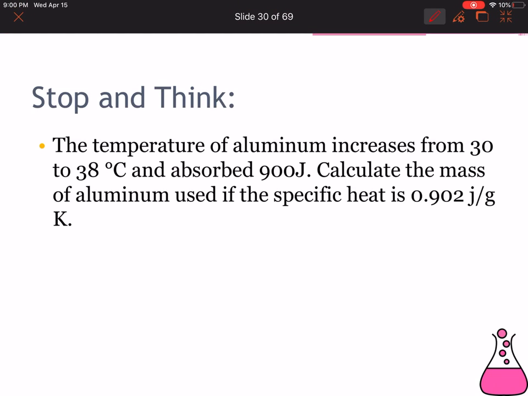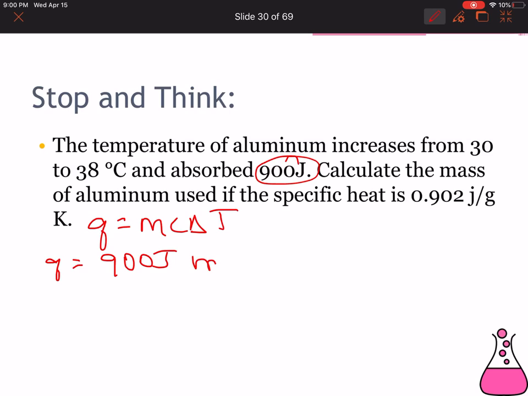All right, so still using that Q equals MC delta T equation here. My Q they give me this time, Q is in joules, so that 900 joules is my Q. M is my mass, and it says calculate the mass, so M is my X. C is the specific heat.